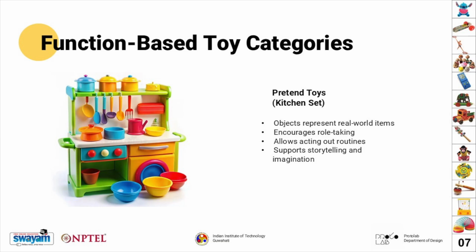A kitchen set supports pretend play because the objects stand in for something real. A toy pot seems to have real food. A plastic ladle becomes a cooking tool.